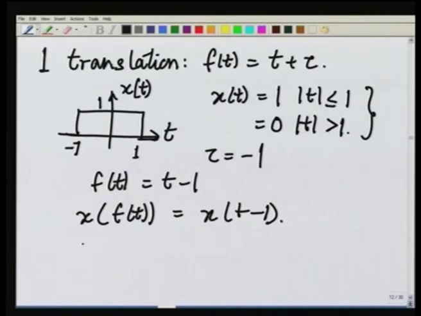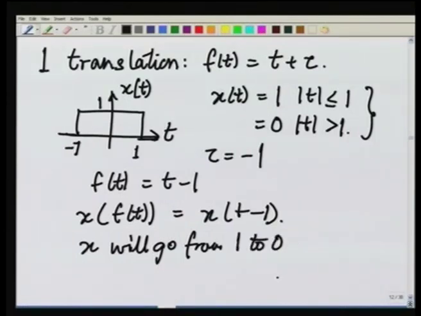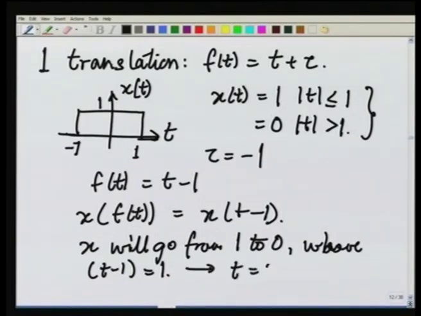In short, x will go from 1 to 0 at the point where t minus 1 equals 1, that means at t equal to 2.